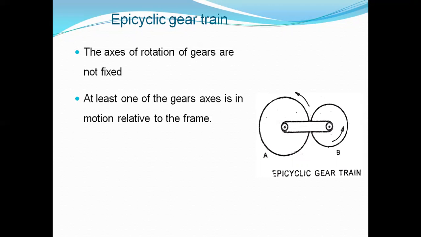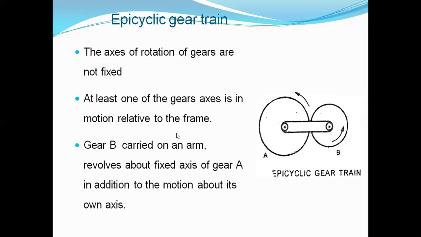Okay, it keeps revolving like this on the arm. Understood? Gear B, carried on an arm, revolves about the fixed axis of gear A in addition to the motion about its own axis.